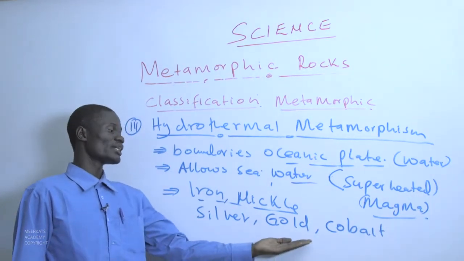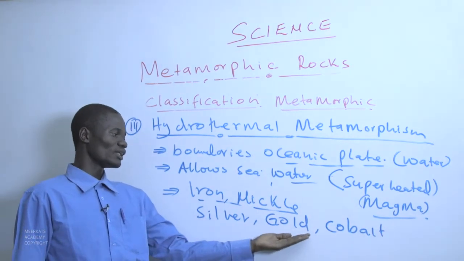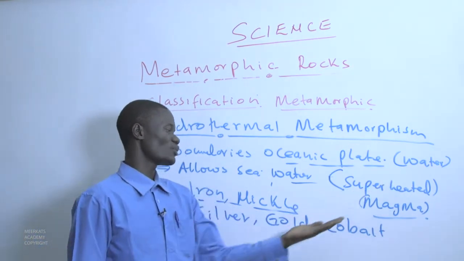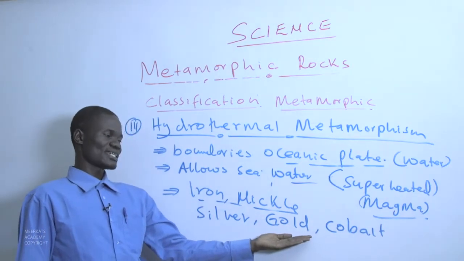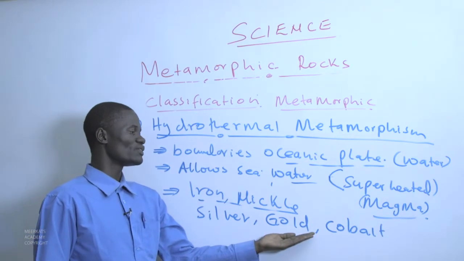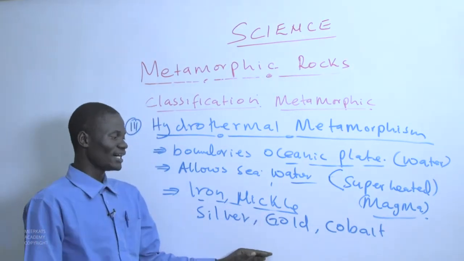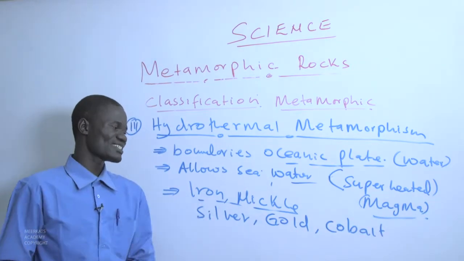Because, mark you, when gold is subjected to superheated water, it changes its color. The impurities will be removed, and those impurities that were embedded in gold will now be flushed out.